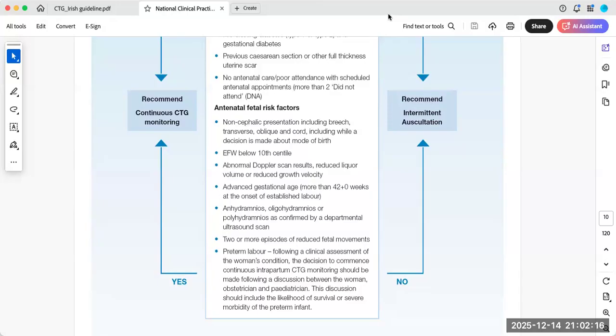This will indicate CTG in labor. Otherwise, the woman who is low risk that comes in labor will only have intermittent auscultation in the first stage of labor. This will be every 15 minutes. In the second stage of labor, this will be every 5 minutes.